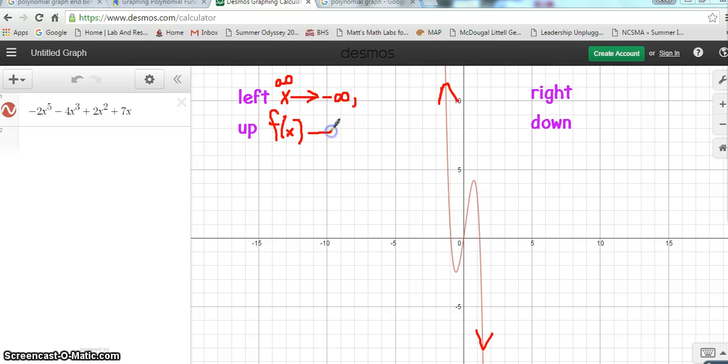It's pointing up, so we would say approaches positive infinity. Right is always described by x approaching positive infinity. And again, I left out my word "as," sorry. As x is approaching positive infinity, f of x, it's pointing down, so I say it approaches negative infinity. And that is how I describe my end behavior. Voila.